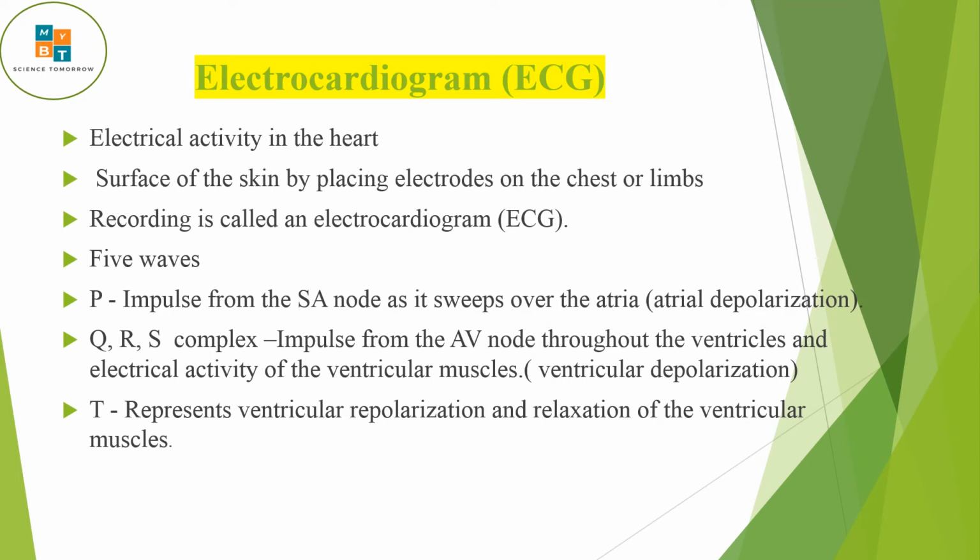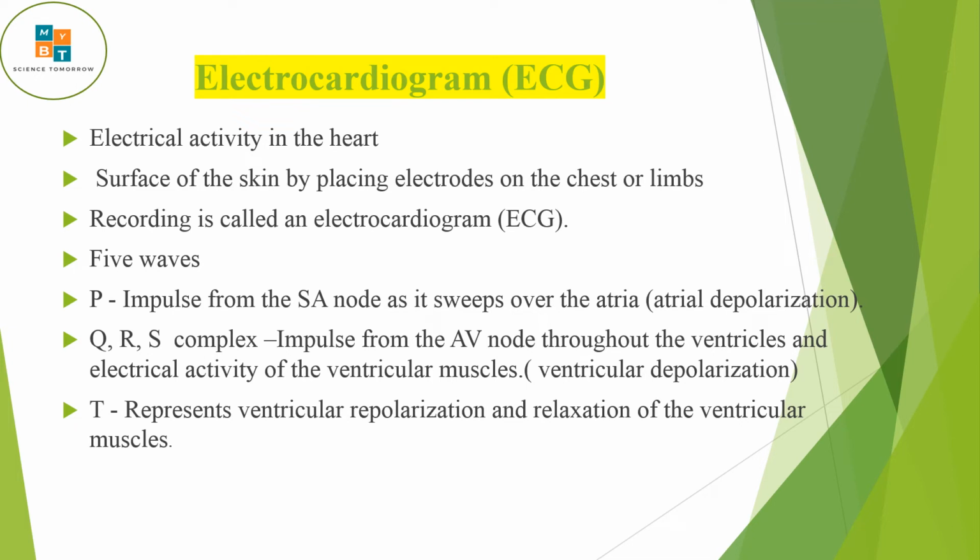In an electrocardiogram, ECG, or otherwise EKG, there are 5 waves: P wave, Q wave, R, S and T. How does the P wave come about?